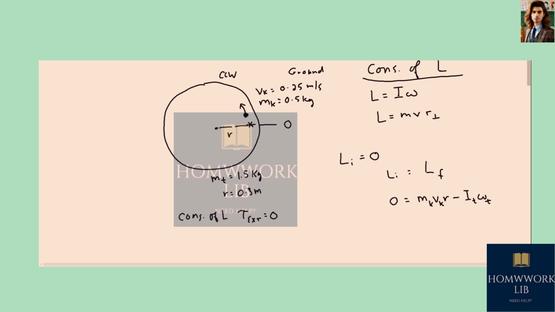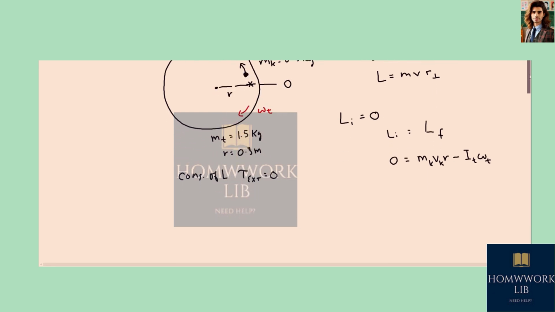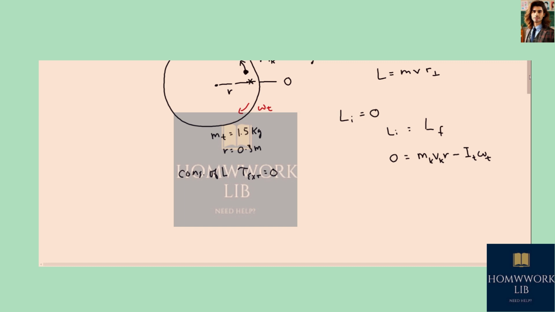So the turntable must go clockwise. And we can actually determine how quickly it must turn clockwise by solving that equation for the turntable speed.